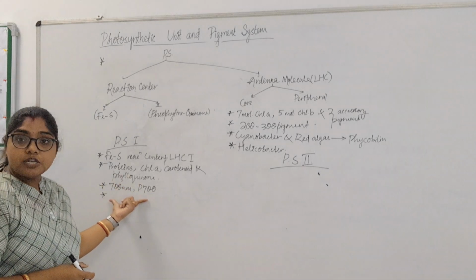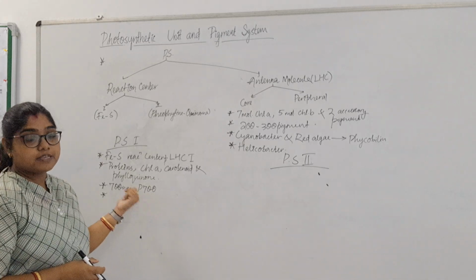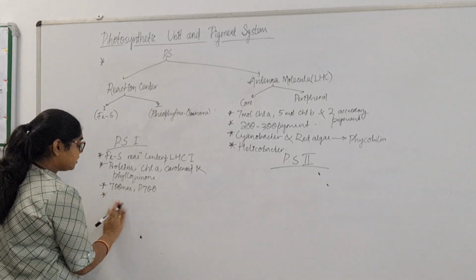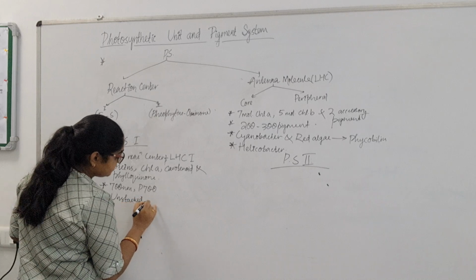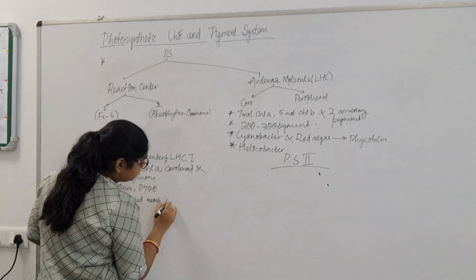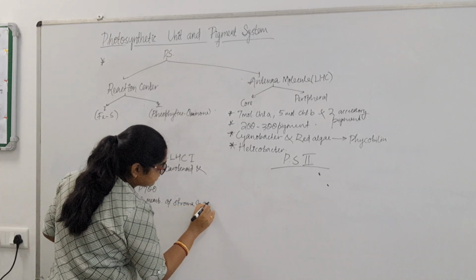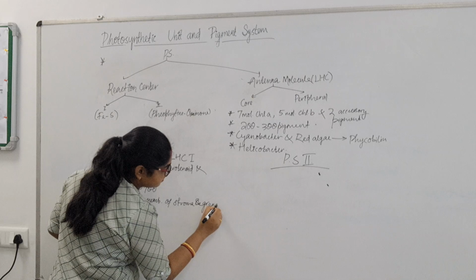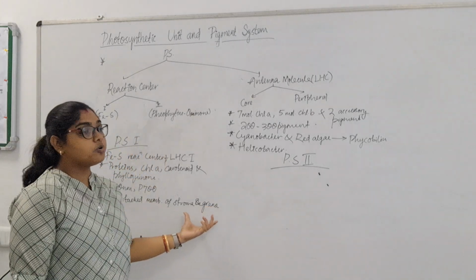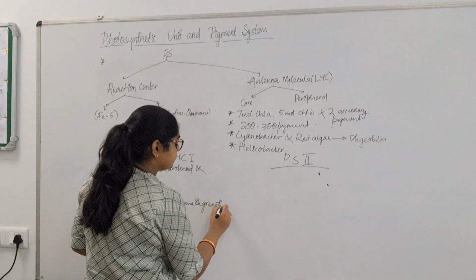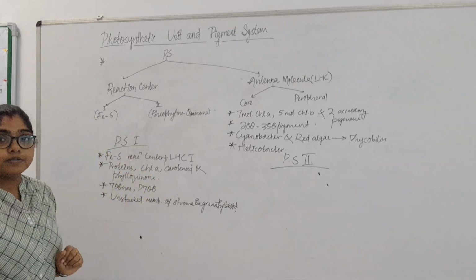The specialized chlorophyll absorbs 700 nanometer light, so it is known as P700, and it is found in the unstacked membrane of stroma and grana thylakoid of the chloroplast. So this is about photosystem 1.